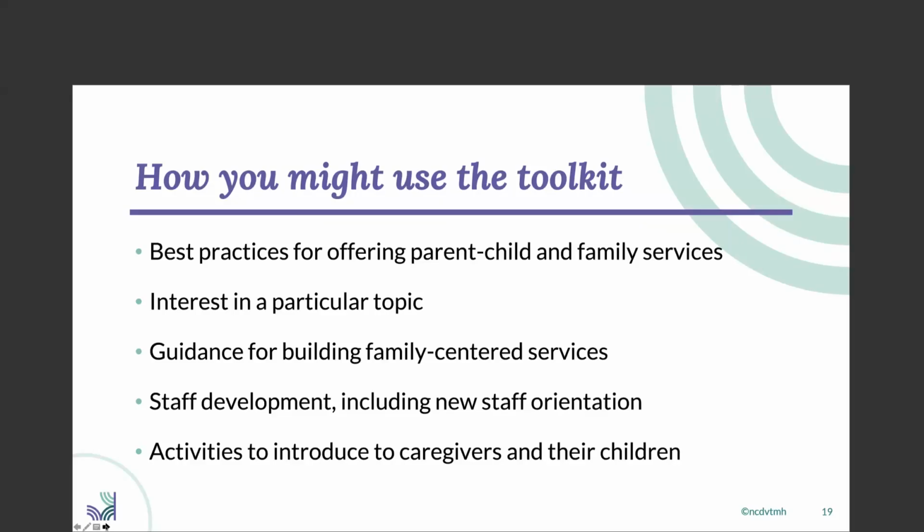It contains everything from the intake process when we're thinking about children and teens, to safety planning across ages and developmental stages. And we have some templates in the toolkit that you may want to adapt for your program and families you're working with.